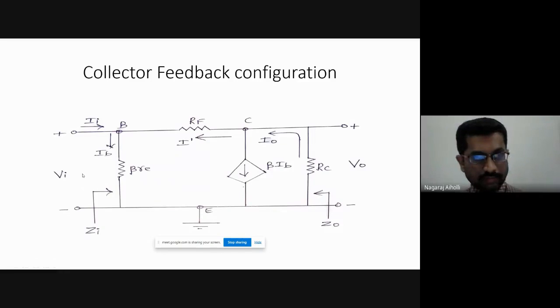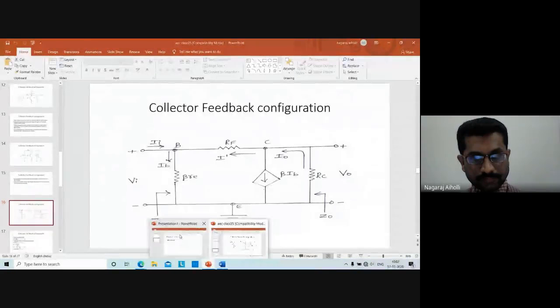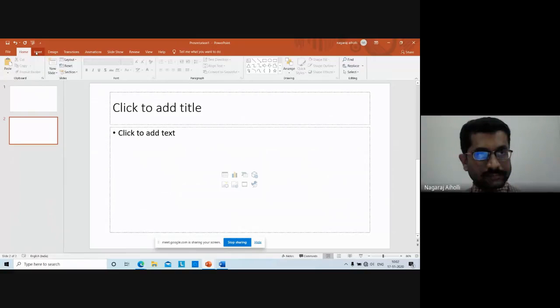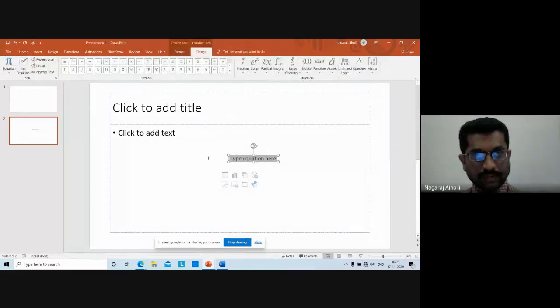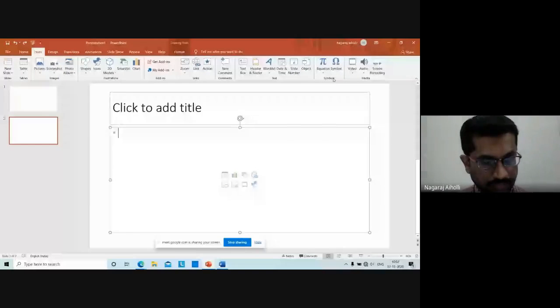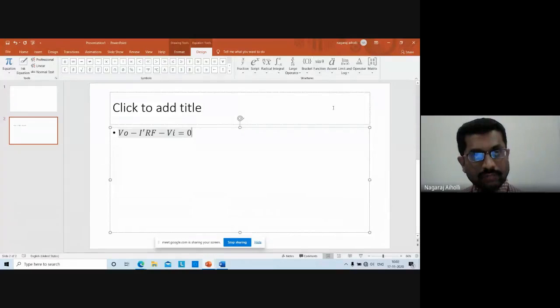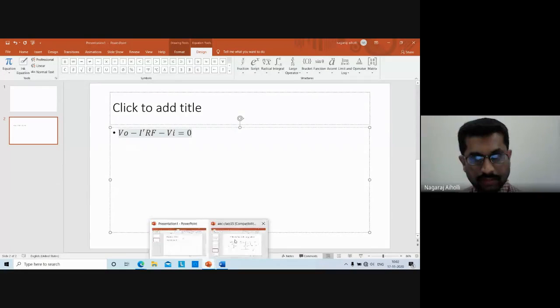See here how we are getting this: V naught minus I dash into RF minus VI is equal to 0. Just check.